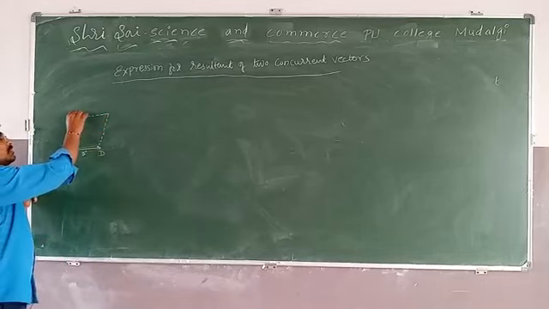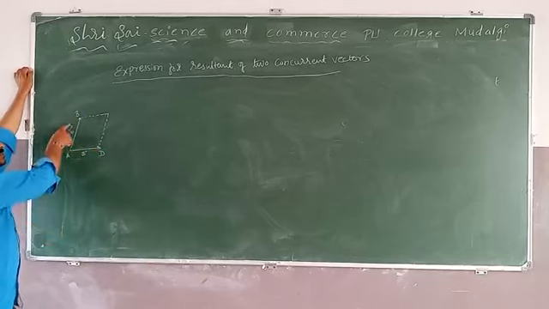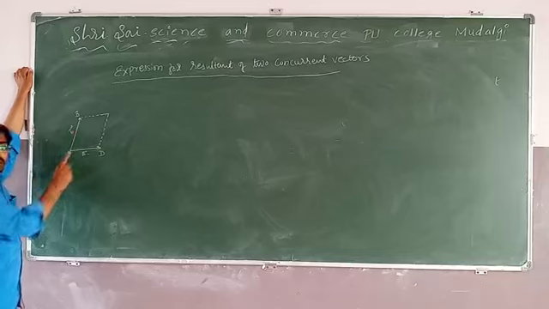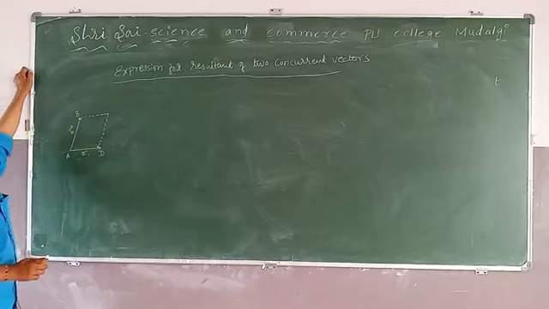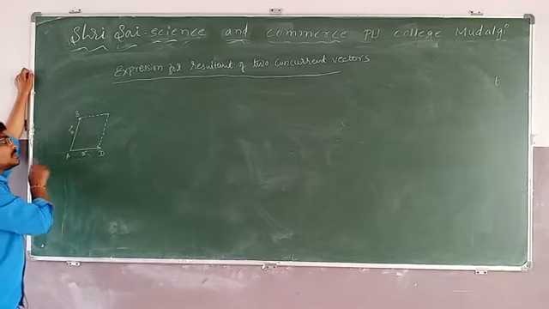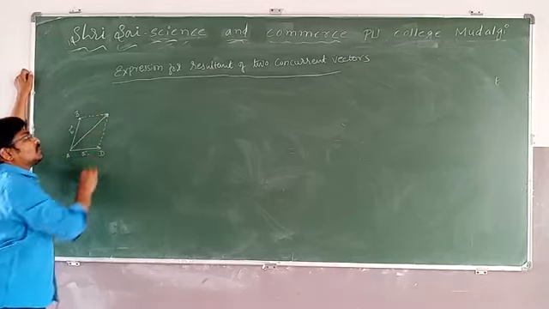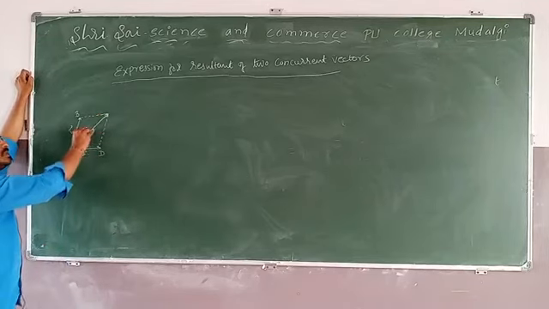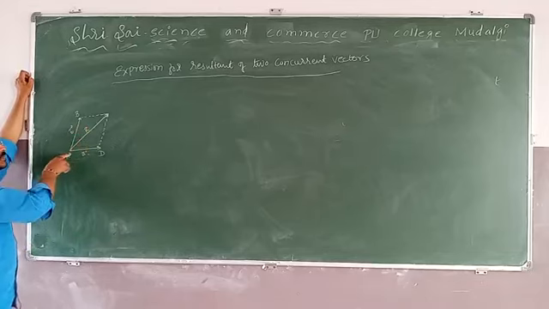See, this is a B point. This small b vector and a vector both are represented by the two adjacent sides of the parallelogram. Then resultant should be always along the diagonal which is passing through the same point.